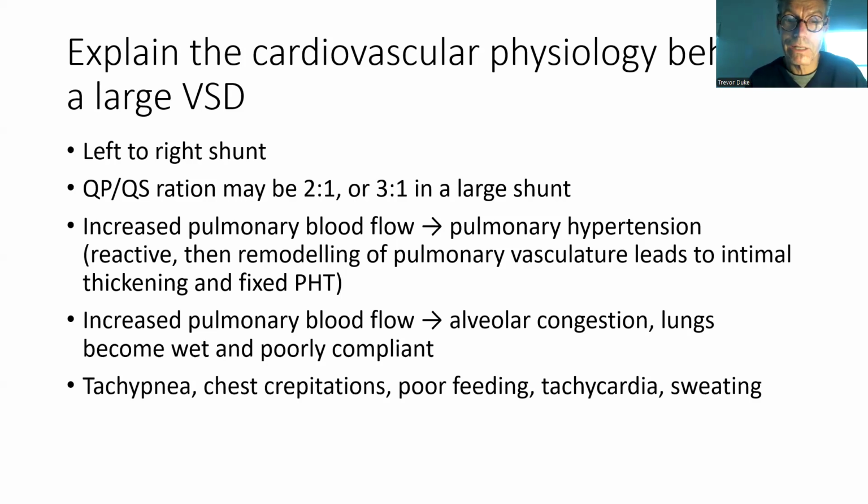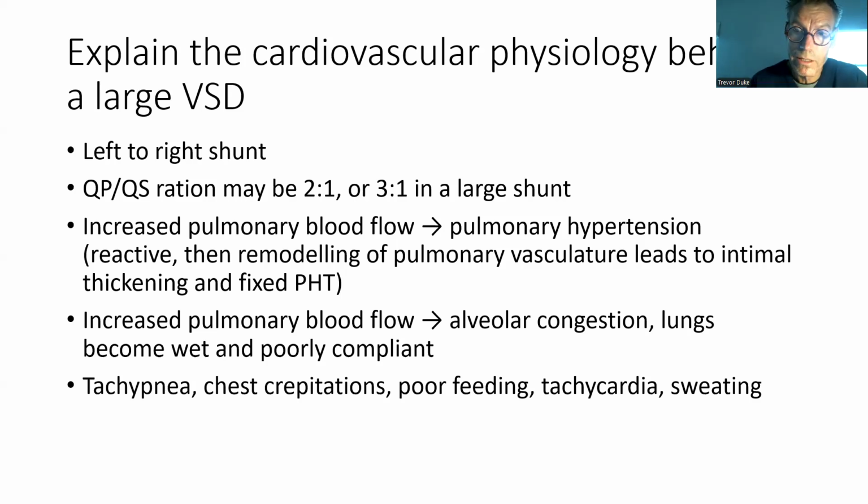But if babies have moderate to large ventricular septal defects, or even moderate to large atrial septal defects, and they're not addressed, then they will inevitably develop fixed pulmonary hypertension and may develop Eisenmenger syndrome. So that's in time. That's the effect of ventricular septal defect on the pulmonary blood flow and on pulmonary vascular resistance and the pulmonary artery pressure.